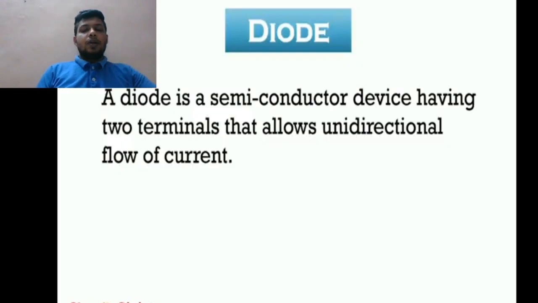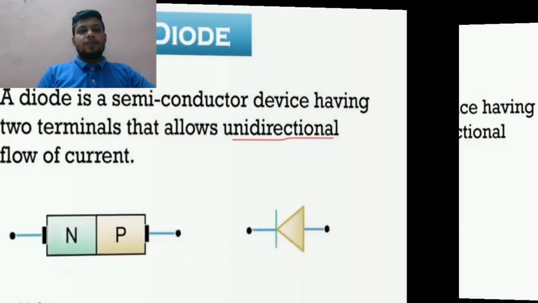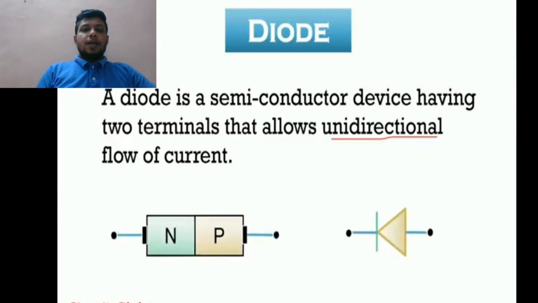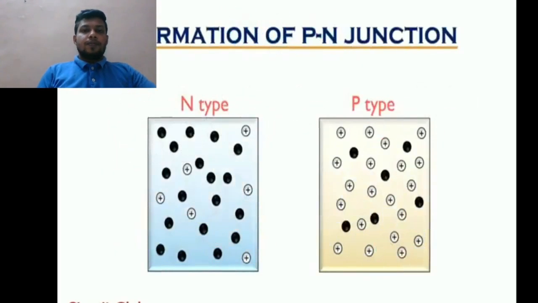So now let's have a look at how the PN junction is formed. We can see that this is a two-terminal device with the combination of N-type semiconductor and P-type semiconductor.